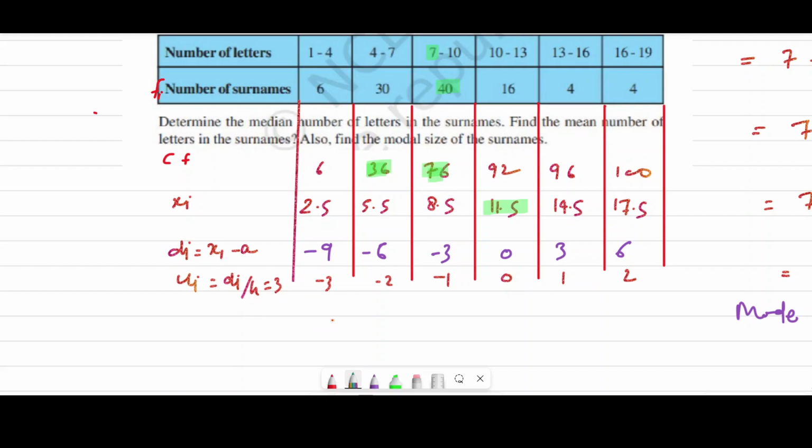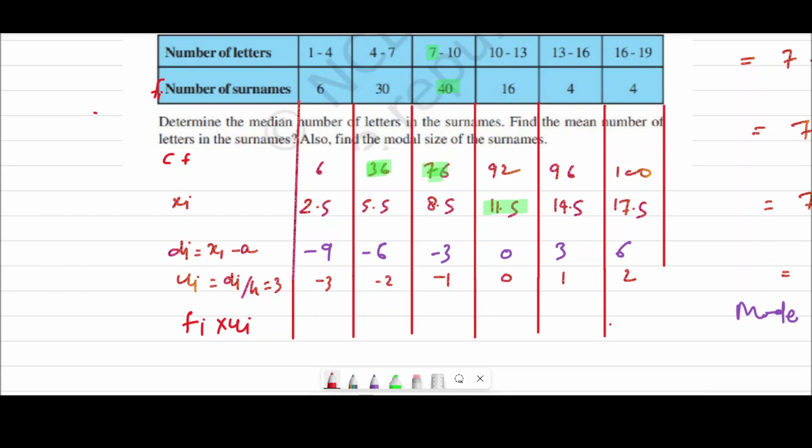Now here fi and ui, so here we will extend this portion. Now fi ui, what will be? Here this is fi and here this is ui.